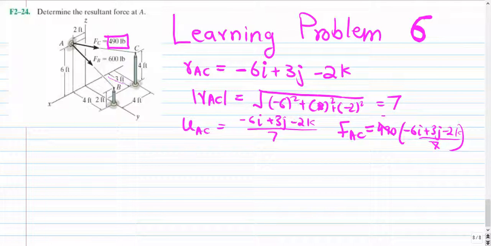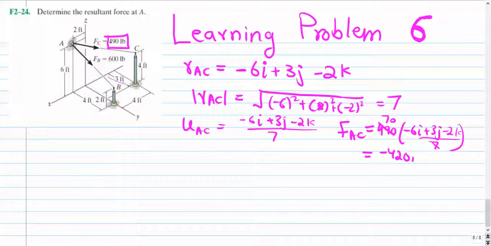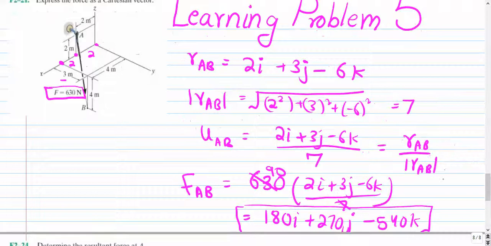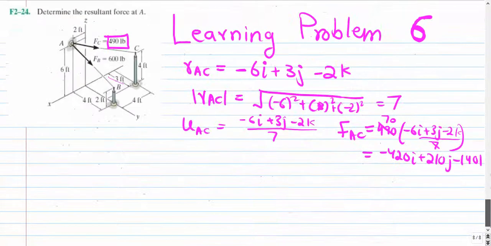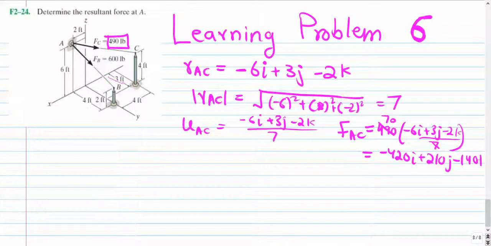We can simplify this, and we end up with negative 420i plus 210j minus 140k. Okay, so this is going to be our force vector from A to C.